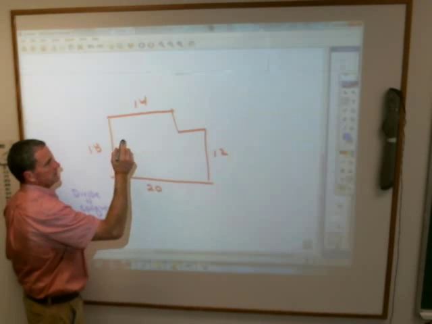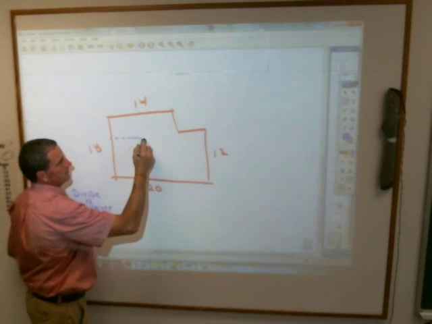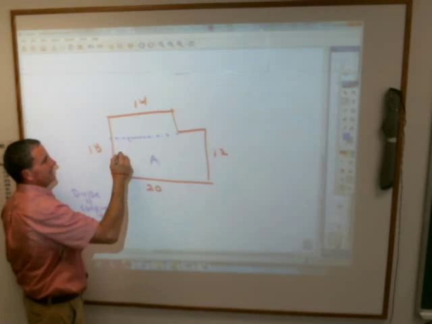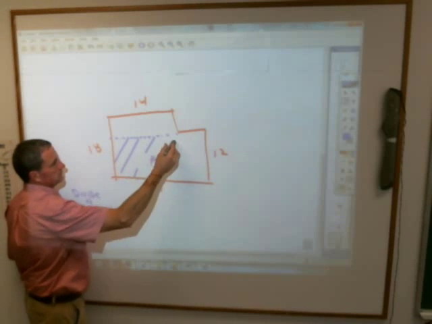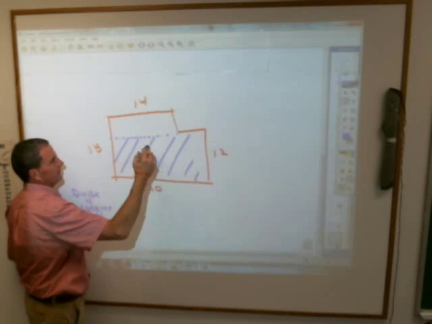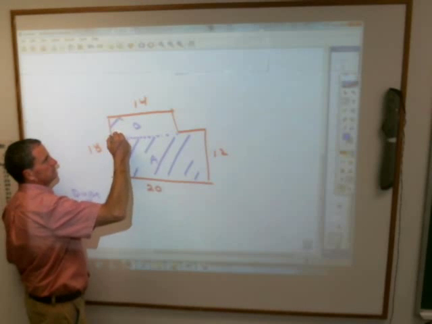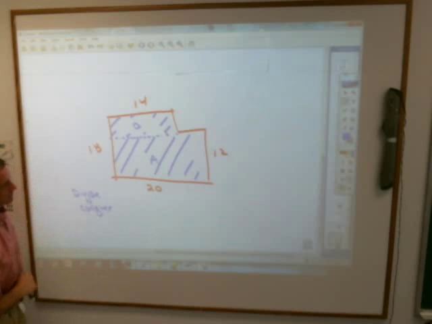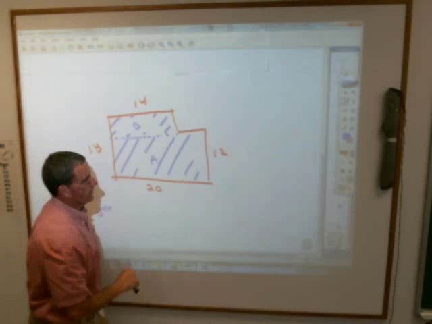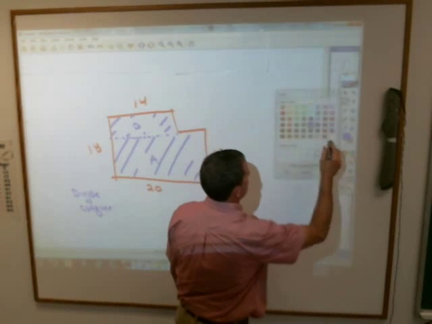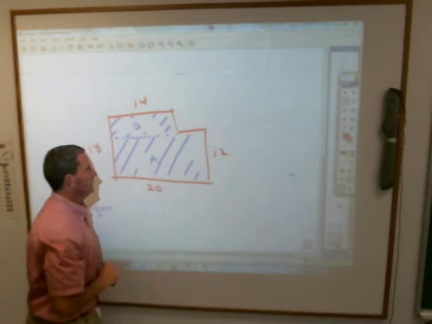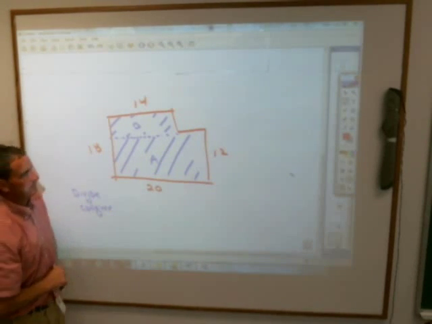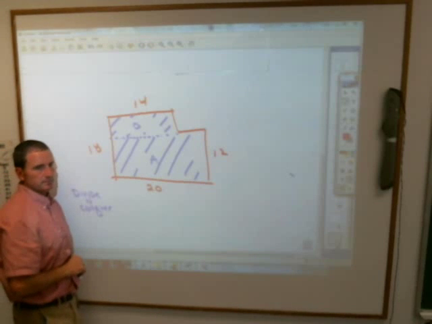You need to cut this into 2 shapes that you can find rectangles on. So I've got, let's say I've got rectangle A right here, and I've got rectangle B up here. But you have to be very careful with this. What is the area, let's go with a pretty pink here. What would be the area for rectangle A?